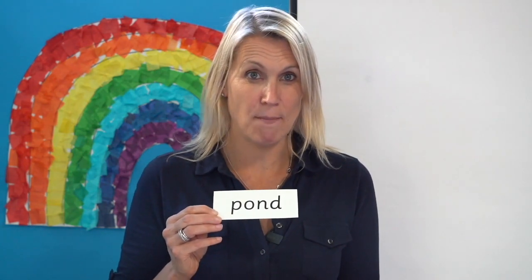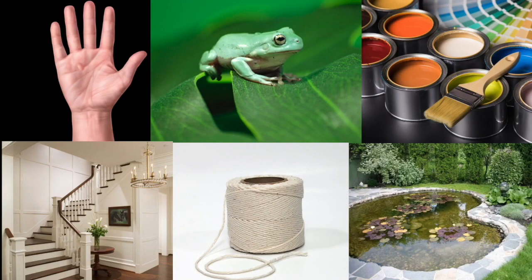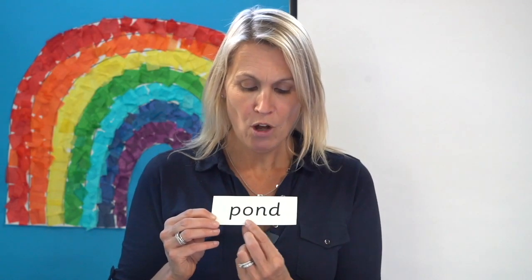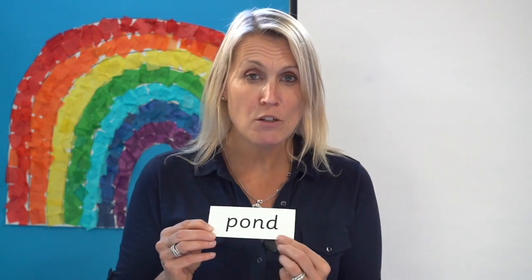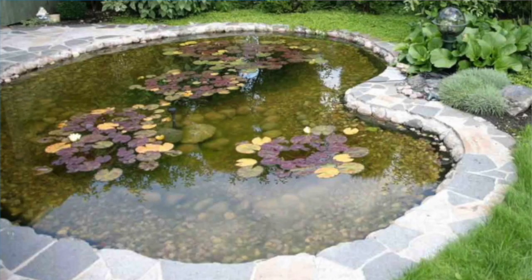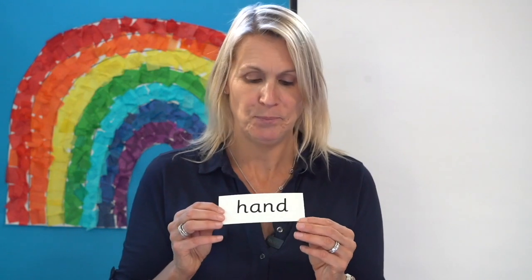Point to the picture that matches this word. Let's try read it together. Pond. Here is the picture of the pond. Did you get it right? Excellent. Try another one. Ready?